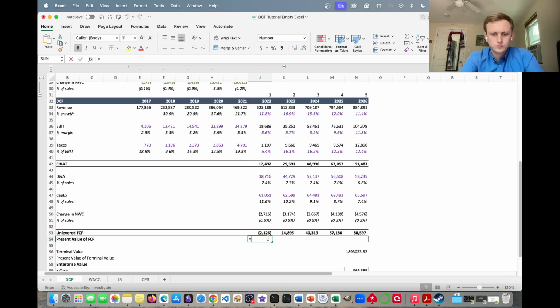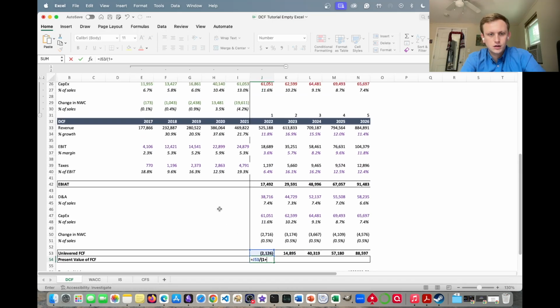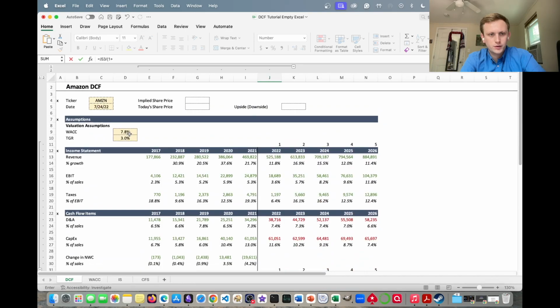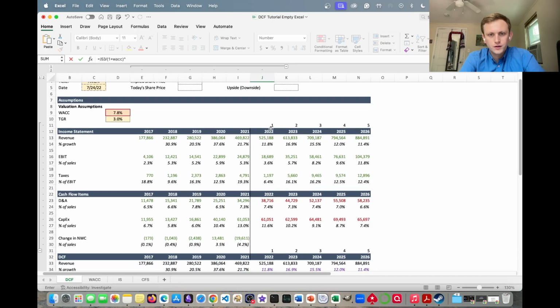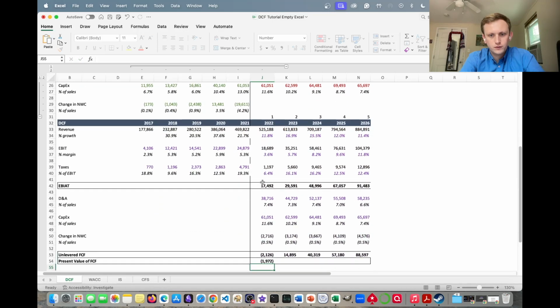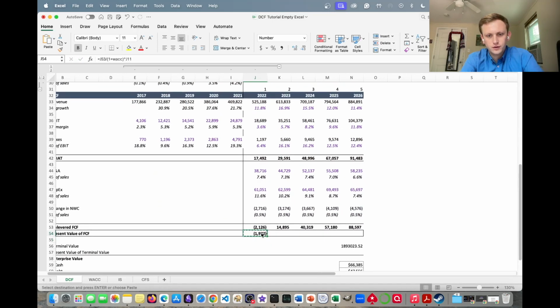So first, we're going to get a free cash flow, and then we're going to divide it by 1 plus the WACC, which is found up here. Then we're going to close the parentheses and power it to the year that we're calculating for. And here we go.